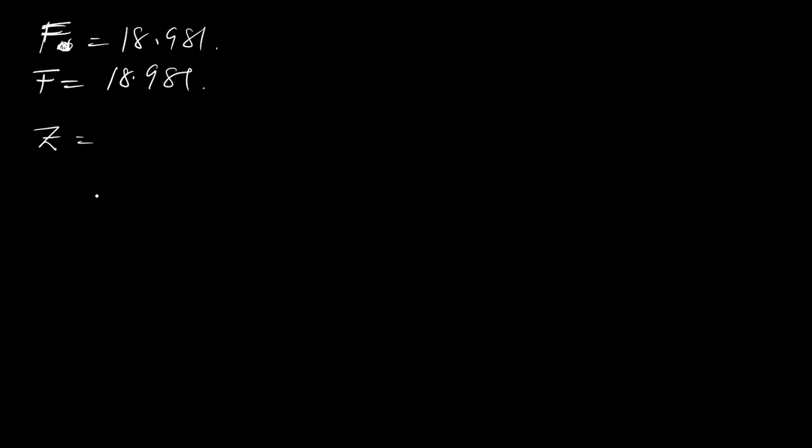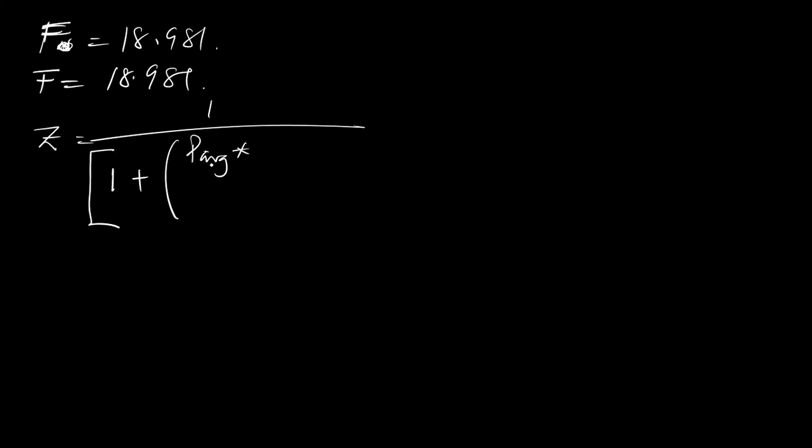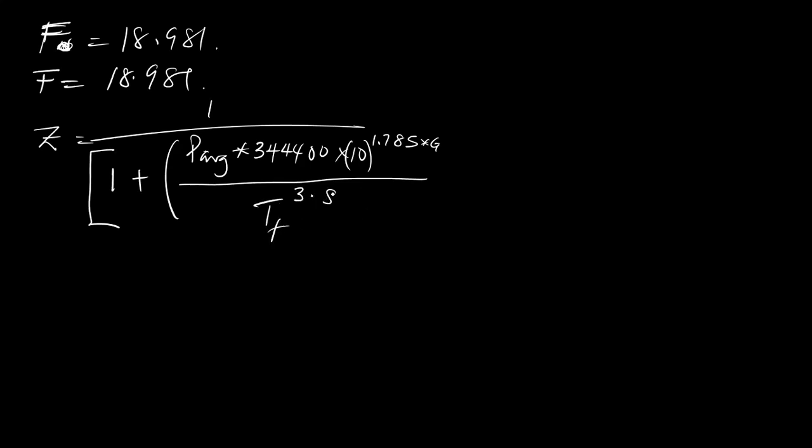So for us to solve this, we have to make use of this formula where z is equal to 1 all over bracket open 1 plus bracket close the average pressure, in gauge, times 344400 times 10 raised to power 1.785 times G, divided by the fluid temperature raised to power 3.825.